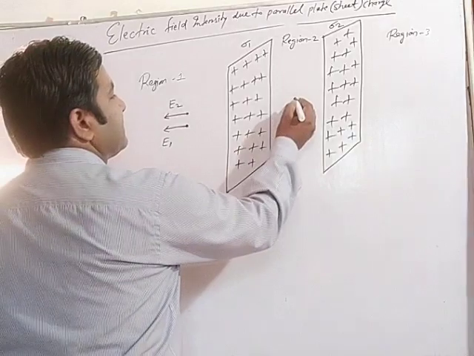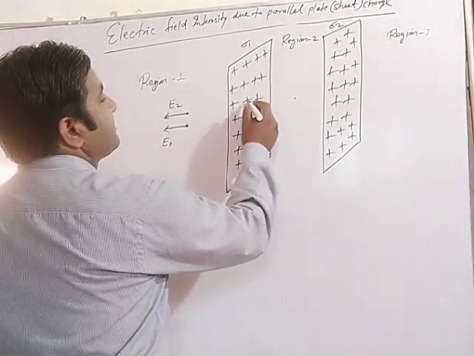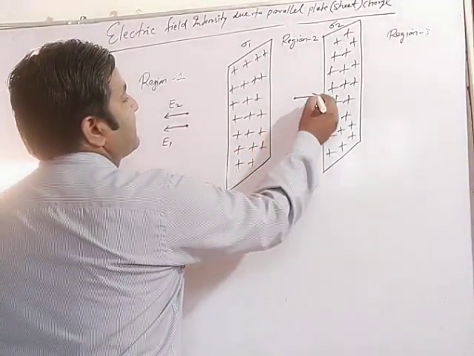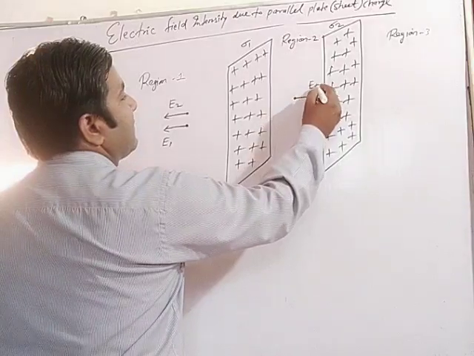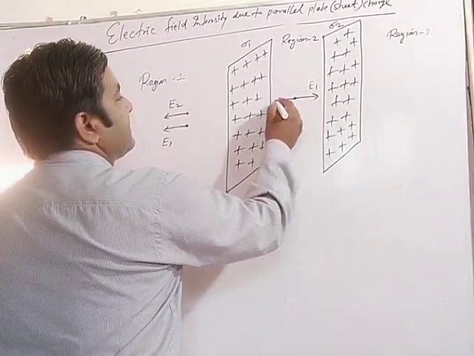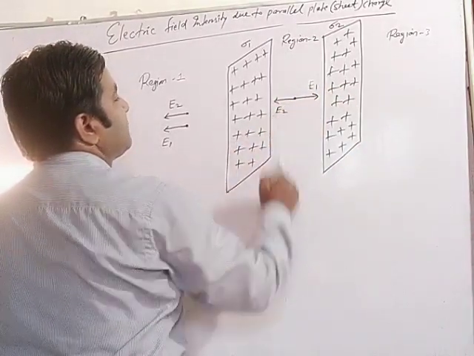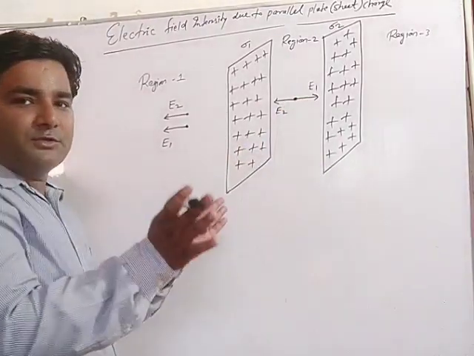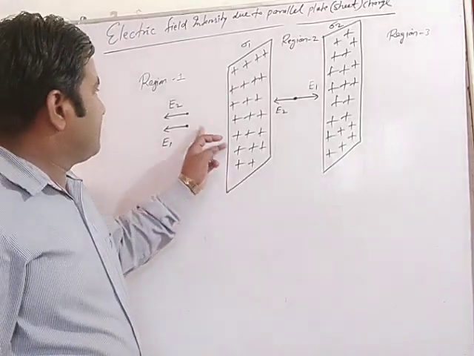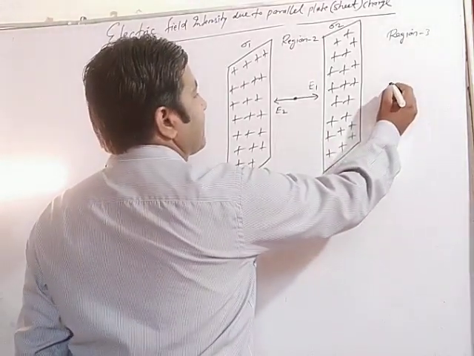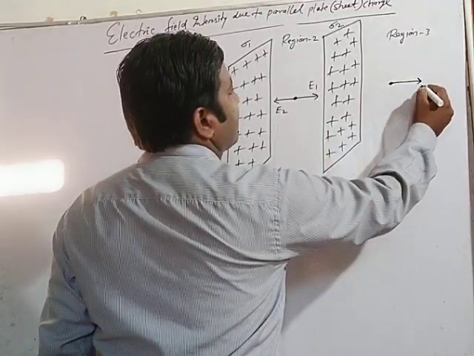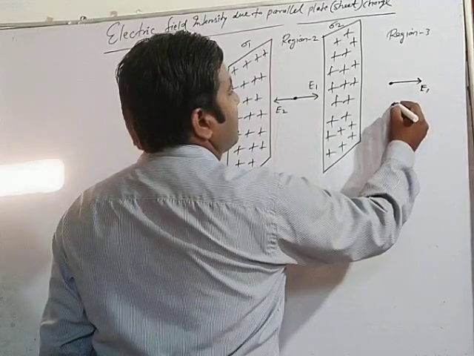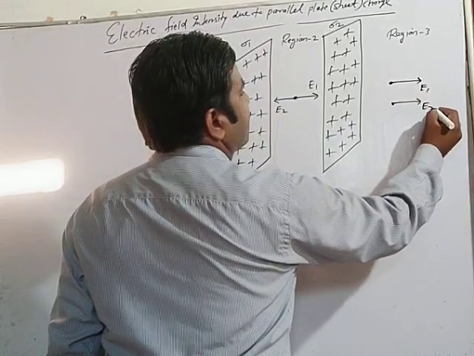In between the sheets, this positive plate repels in this direction, this is E1, and this positive plate repels in this direction, this is E2. In region 2, the directions of E1 and E2 are opposite to each other, but in region 1 and region 3, the directions of E1 and E2 are the same.